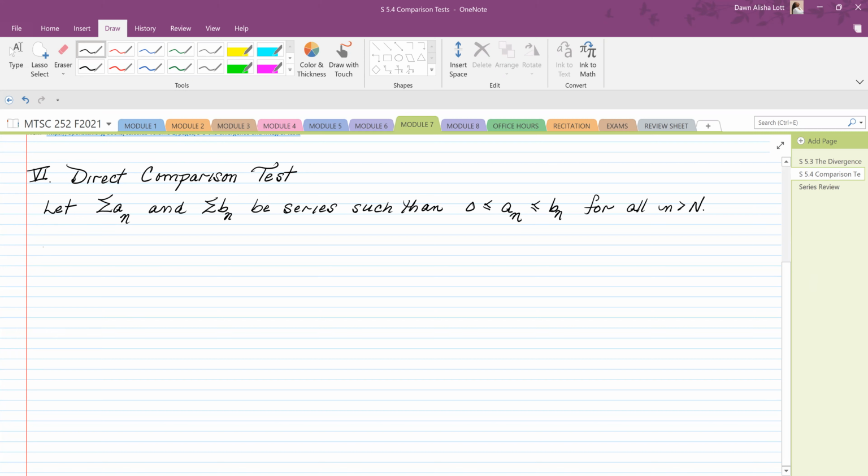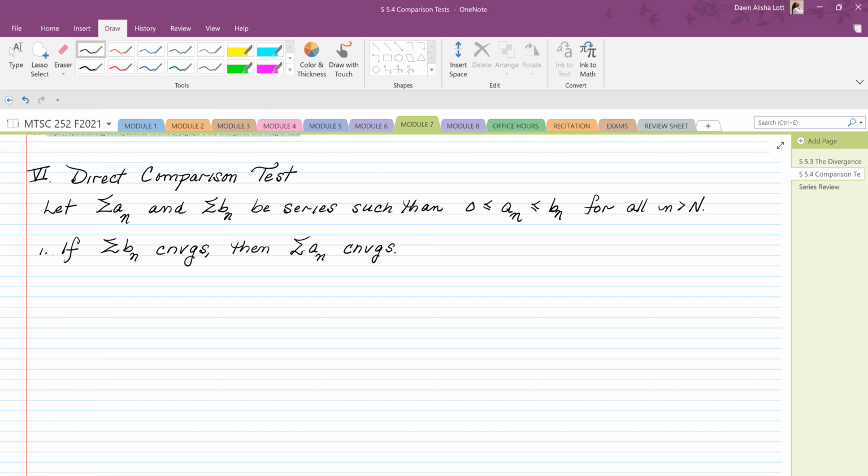Two things will happen. One, if the bigger series converges, so if the summation of bn converges, then the summation an also converges. So if I'm smaller than something finite, then I'm finite.